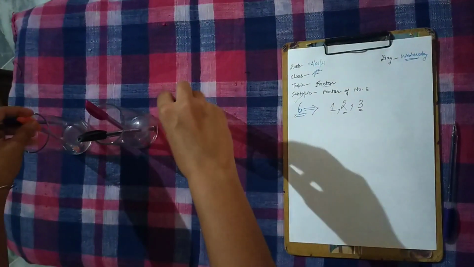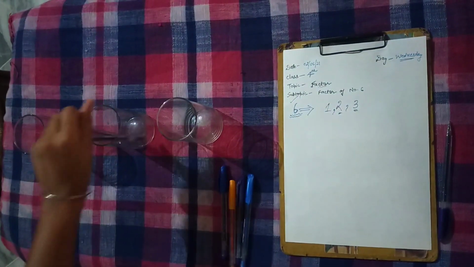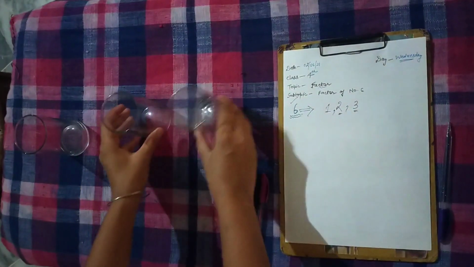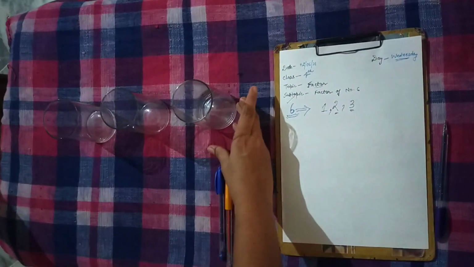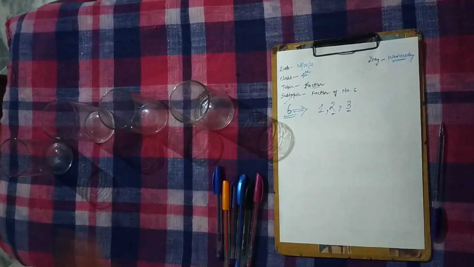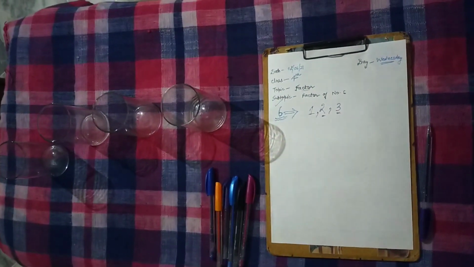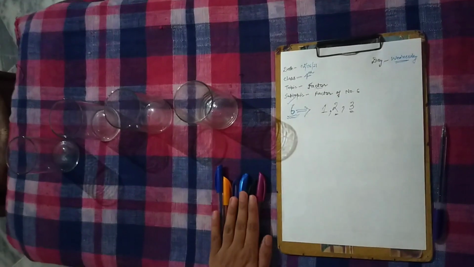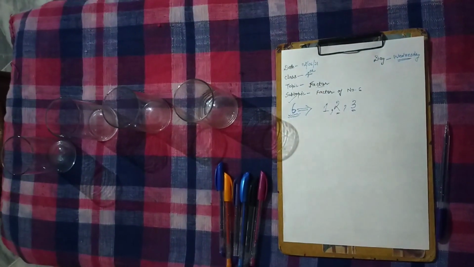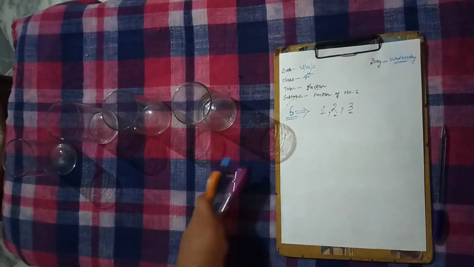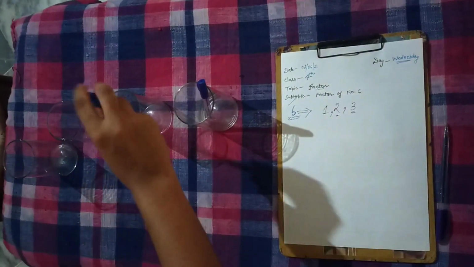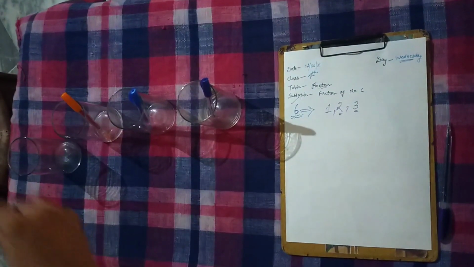Our next step is, now we will take 4 glasses. Same procedure: we have to divide all these 6 pens into 4 glasses. One in the first glass, second glass, third glass, fourth glass.